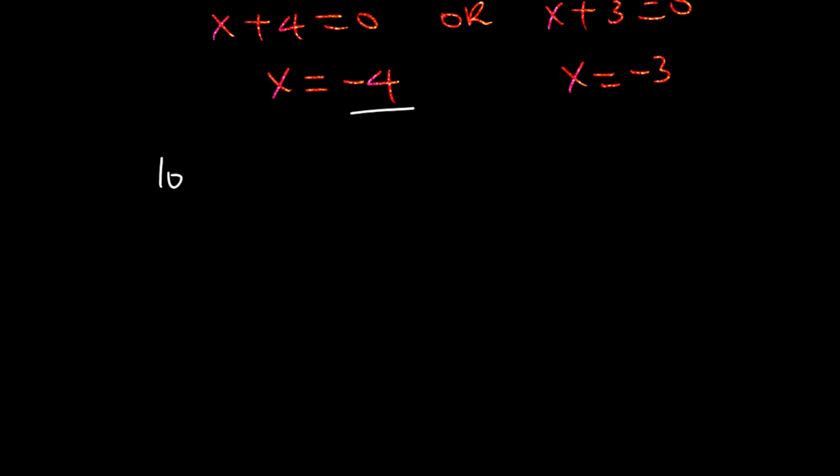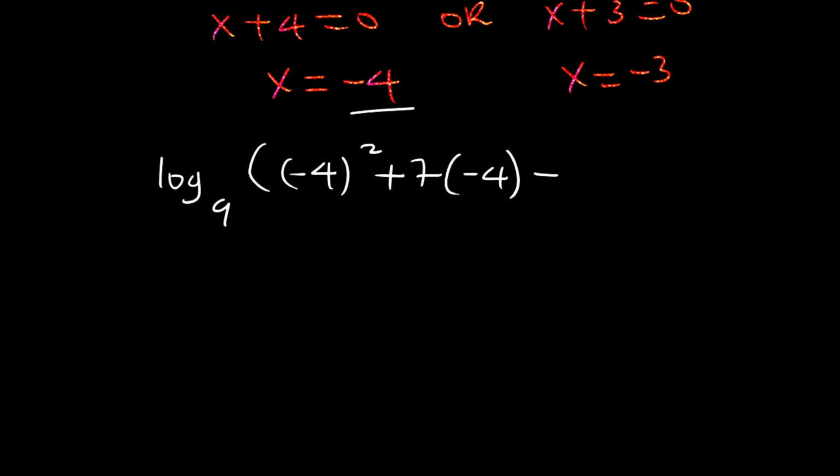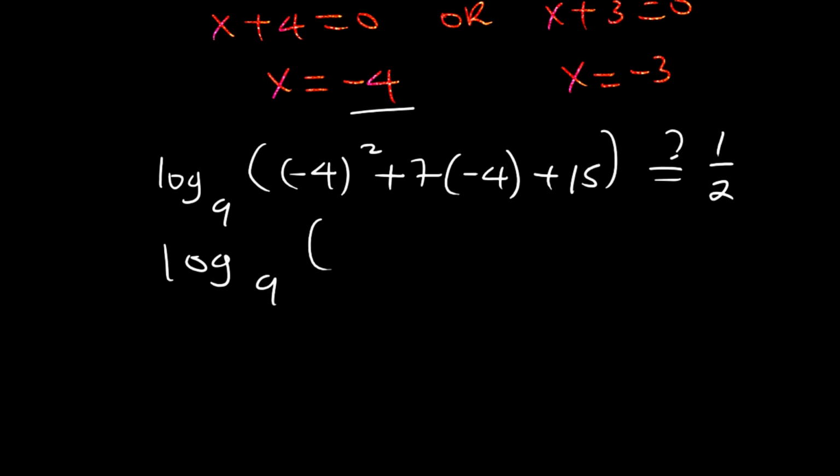Remember we have log to base 9 of x squared plus 7x plus 15, and all of that should be equal to 1 over 2. So x is negative 4, so we have negative 4 squared is 16, 7 times negative 4 is negative 28, plus 15.